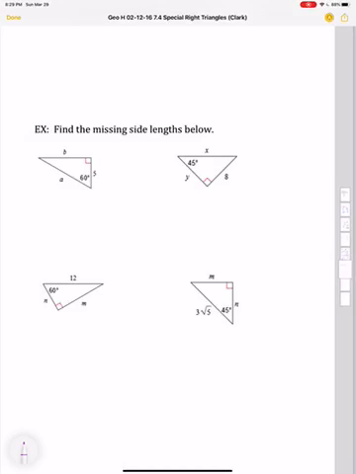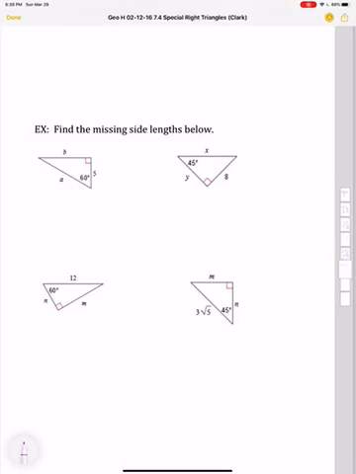And then I'll explain it as I go. So pause the video, come back when you're done to this video, see if you get the right answers, and then when you come back to see me in the Zoom room, we can check your answers, or, well, you'll have the answers, but we can go over any questions you have. All right, so pause the video and come back and check your answers.